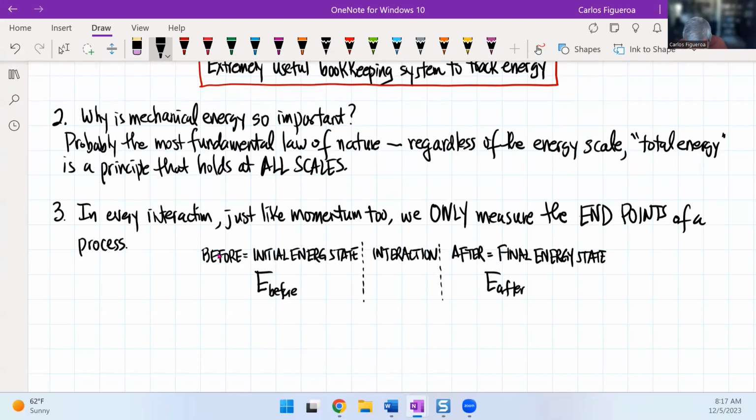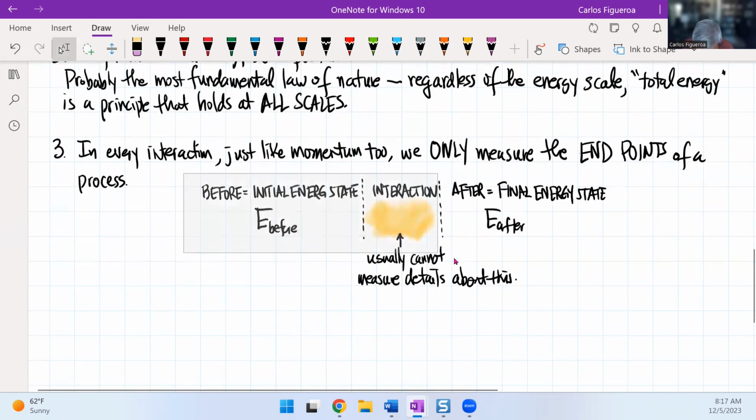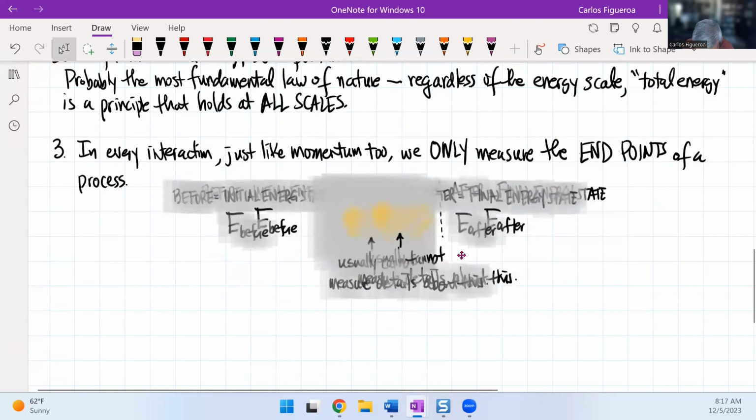So when I look at this thing, this right here, we usually cannot measure details about this. So the only thing we care about is what happens before and what happens afterwards.